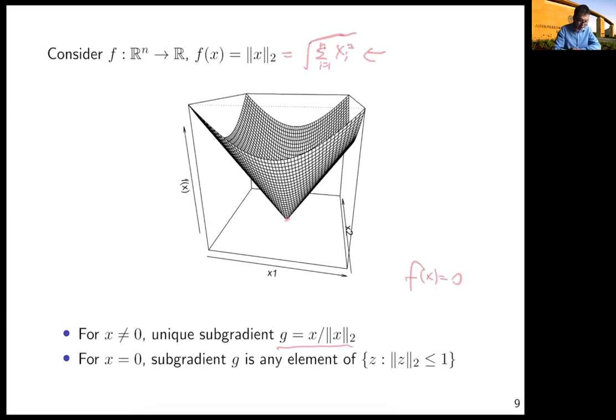That will be a valid linear lower bound of this function at 0. But it could be anything else. So this f of x could be any z transpose x when z satisfies that the two-norm of z is smaller than 1.